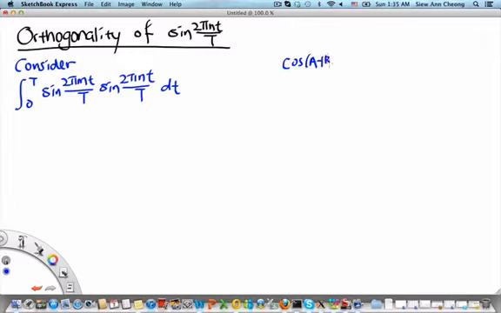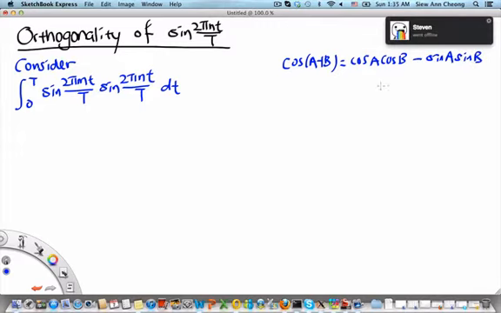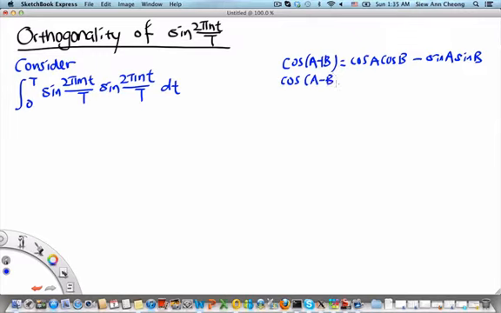Cosine A plus B is equal to cosine A cosine B minus sine A sine B, and of course also cosine A minus B is cosine A cosine B plus sine A sine B.